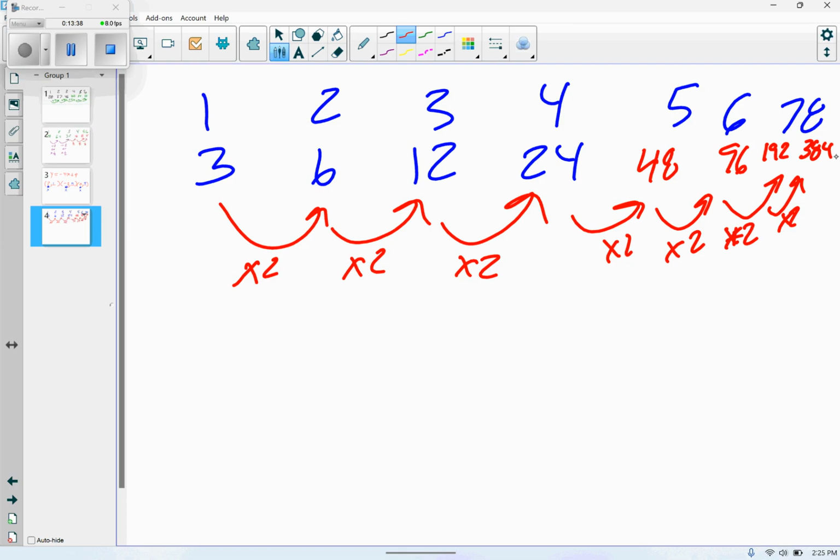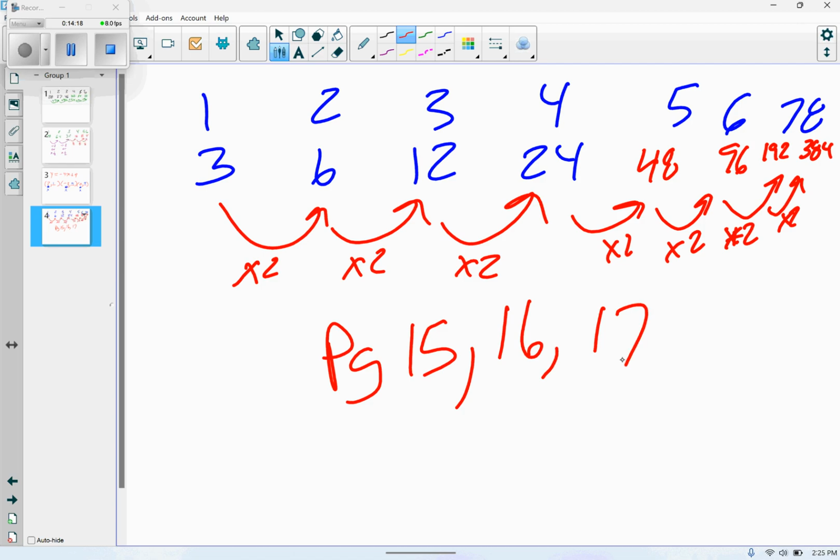So, my friends, what I would like you to work on for the rest of the period is pages 15, 16, 17.